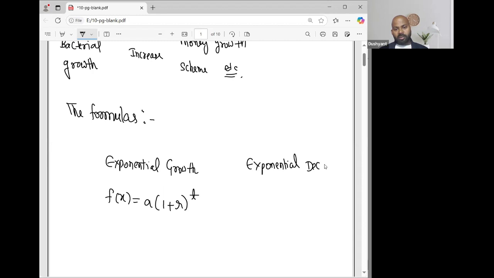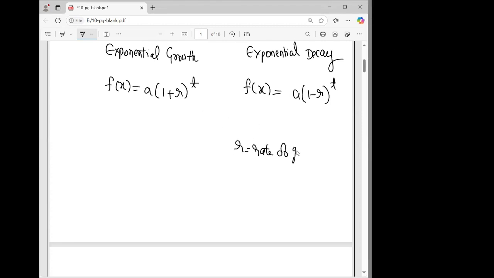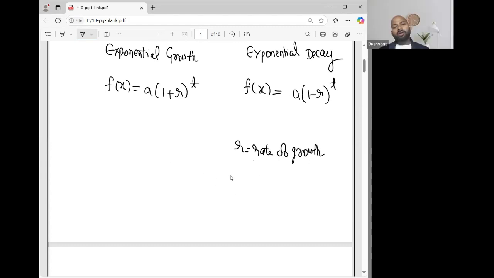In decay, the property gets reduced, meaning size gets reduced. So the formula changes only by the sign: here it becomes a(1 minus r) to the power of t, where r is the rate of growth, t is the time, and a is the initial value.